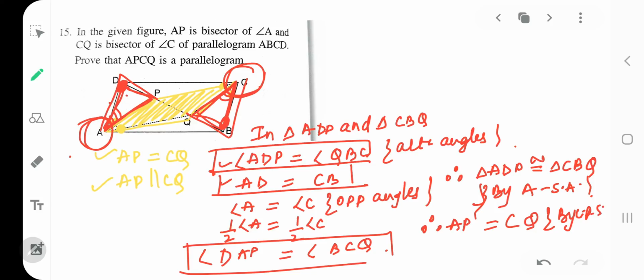And you can also write therefore angle DPA is equal to angle CQB. That means this DPA and CQB.